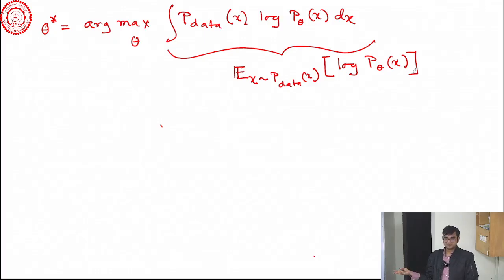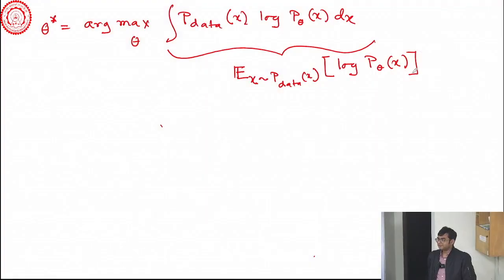Now, law of large number, what does it say? We talked about law of large number and central limit theorem, right? Any expectation can be represented in terms of the samples drawn from the distribution. Do we have any sample from P data? Yes, the training samples.